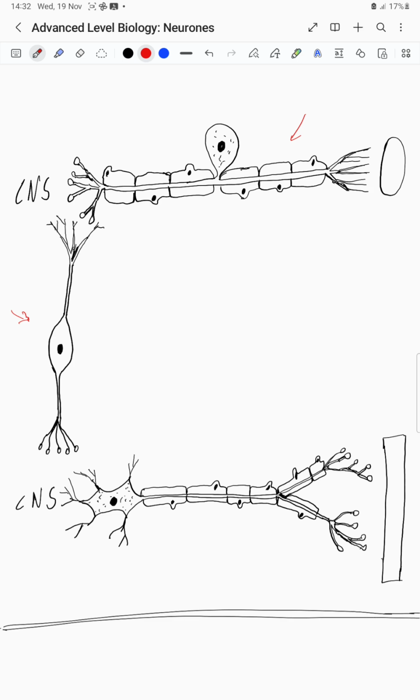So this is the sense organ or cell. This is the central nervous system. And then we have the effector.